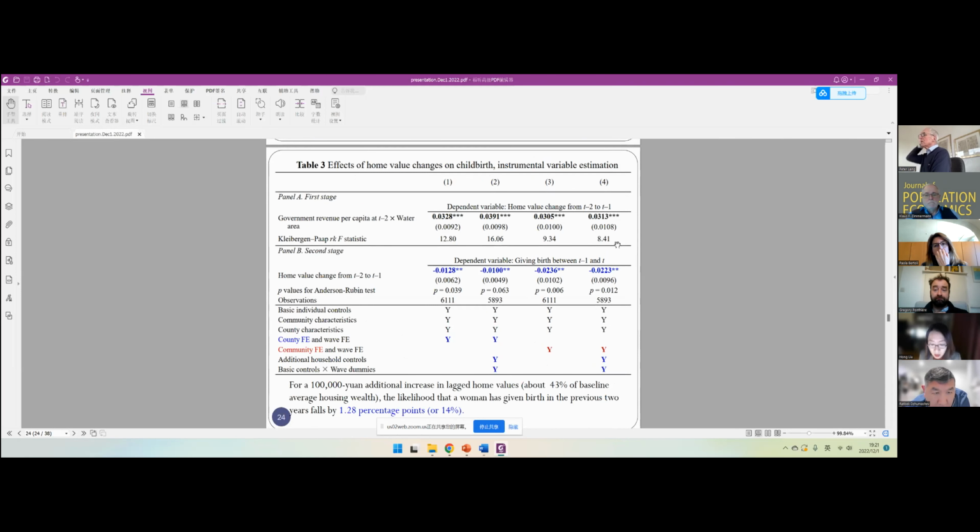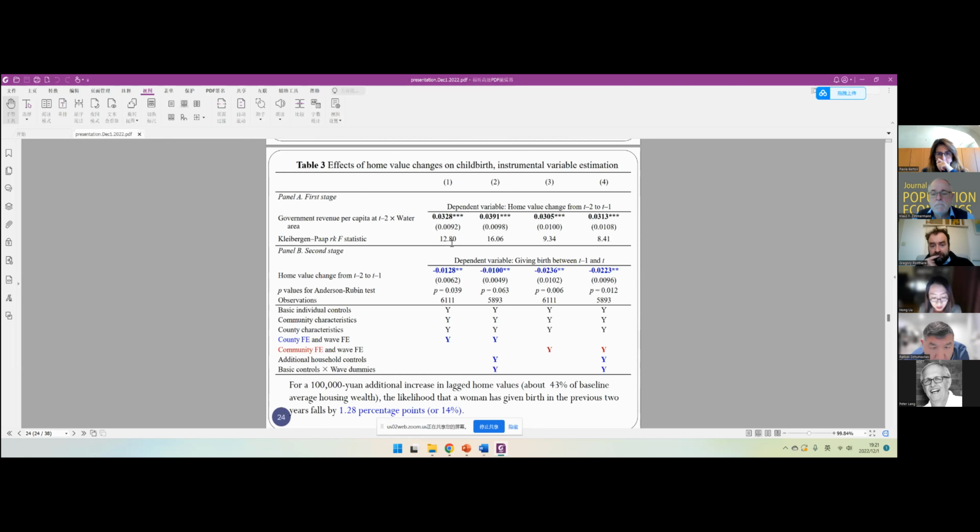So in this table, we report the IV estimation results. We can see that the instrument, that is the interaction between these two measures, has a positive effect on the housing value change. And the first-stage F statistic is about 12.8, indicating a high relevance of the instrument in the first stage.